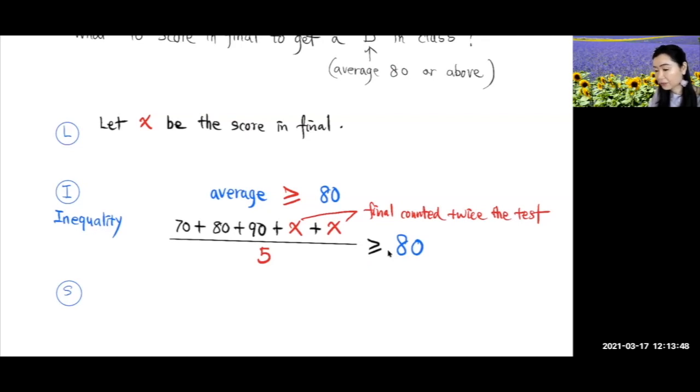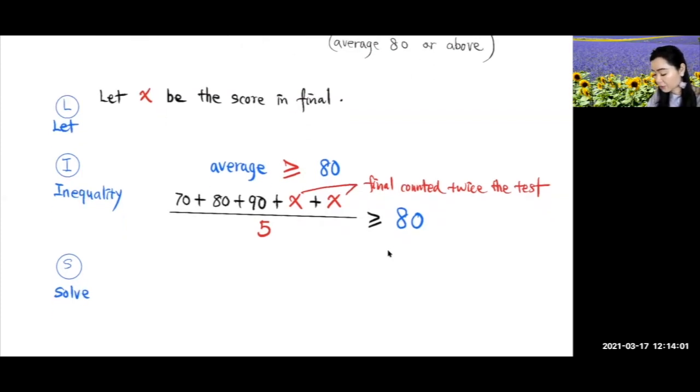Now we're going to go to the next step. We're going to solve it. The first step is to let, the second step is the inequality, and the next step is to solve it. To solve this, we multiply both sides by 5. Actually, we should simplify this numerator first. So add this up. 70 plus 80 plus 90 is 240.